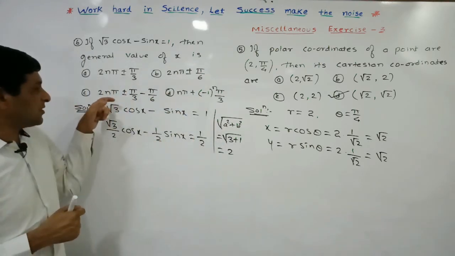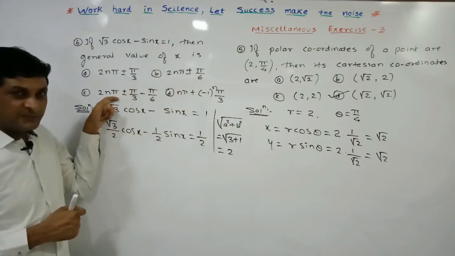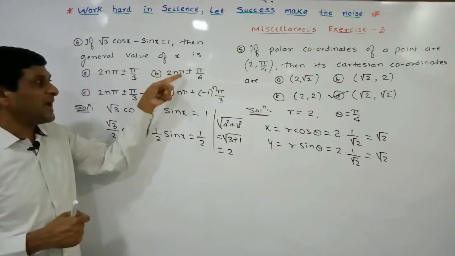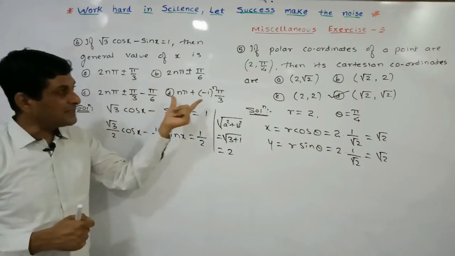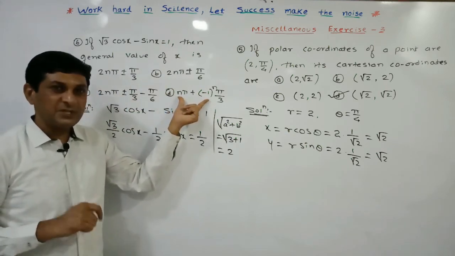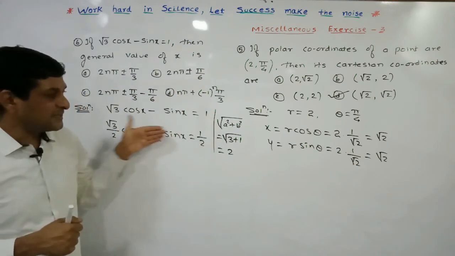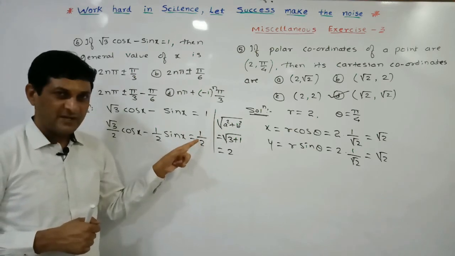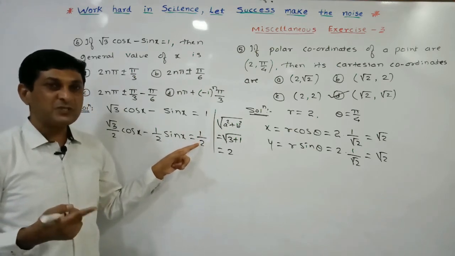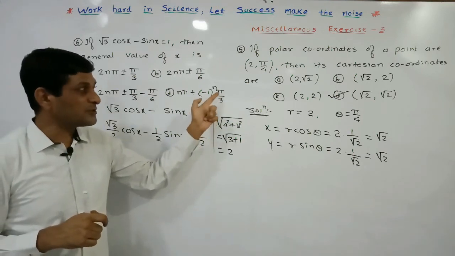If you observe the given options, such type of solutions appear in which equation? Cos theta equal to cos alpha. And such type of solution appears in which equation? Sin theta equal to sin alpha. If we have to convert it to sin theta equal to sin alpha, so this is the value of sin alpha. And we know that 1/2 is the value of sin π/6. But here alpha is how much? π/3.